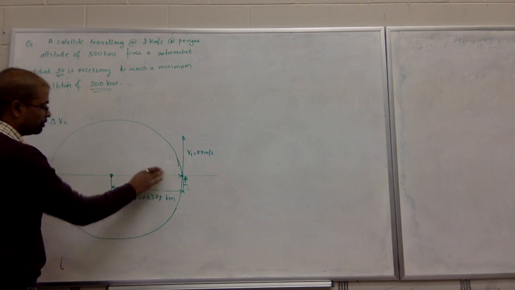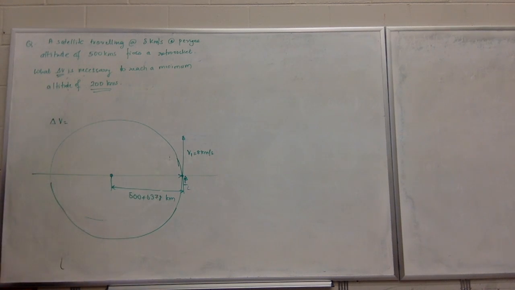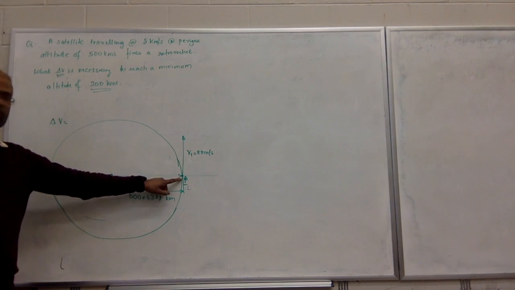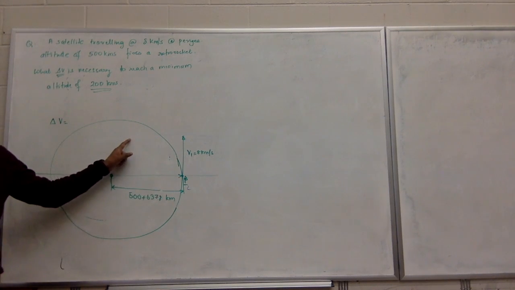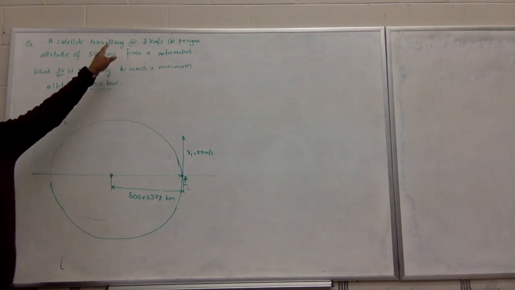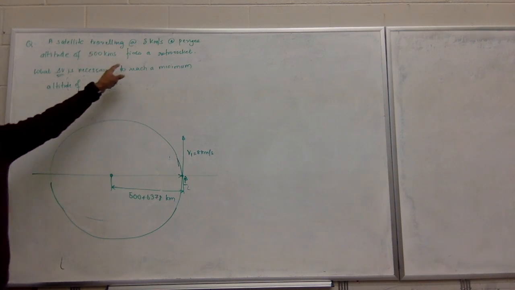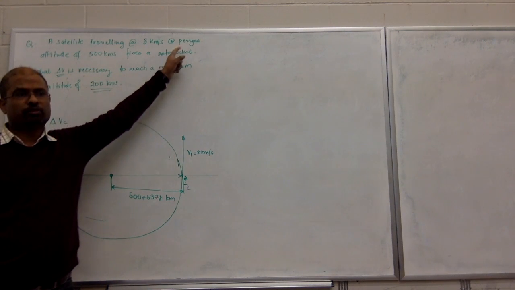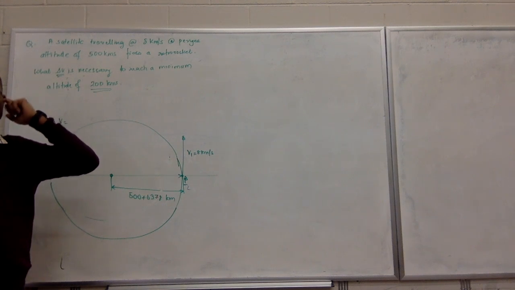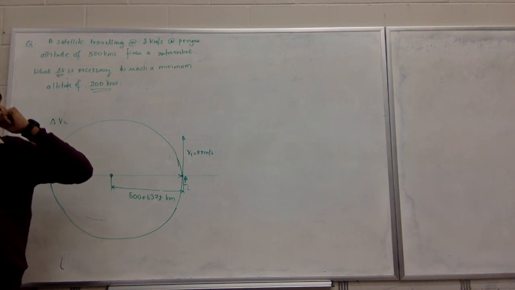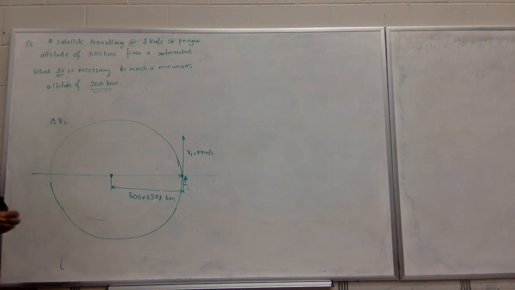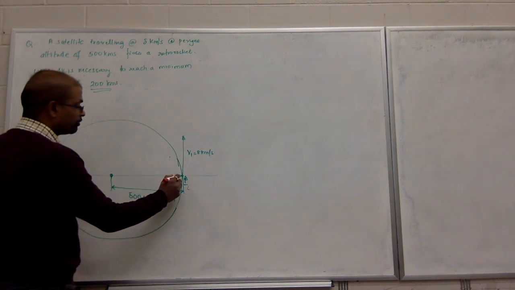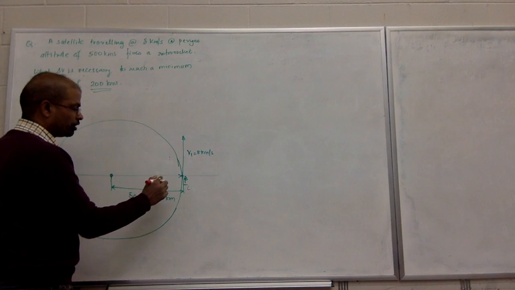Either this point is common, or you do the maneuver on any point. That point should be the common point. So whatever point you choose to fire from is your perigee for the initial orbit.